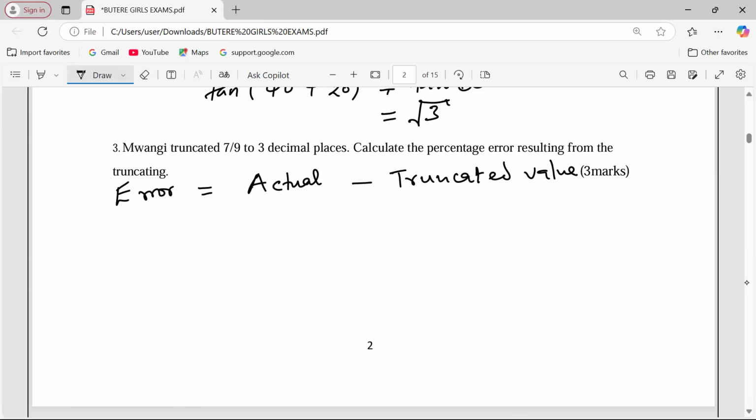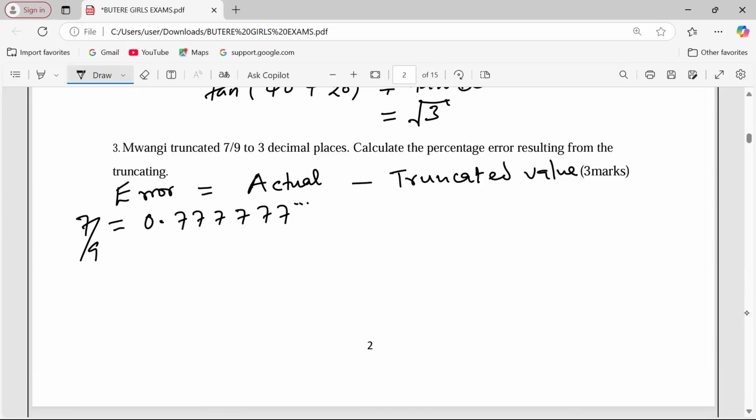So let's divide 7 over 9. 7 divided by 9 becomes 0.777777 recurring. But now, what does it mean by truncating?